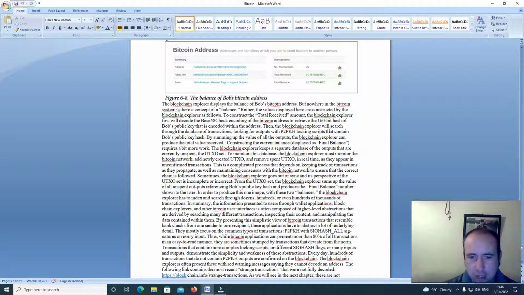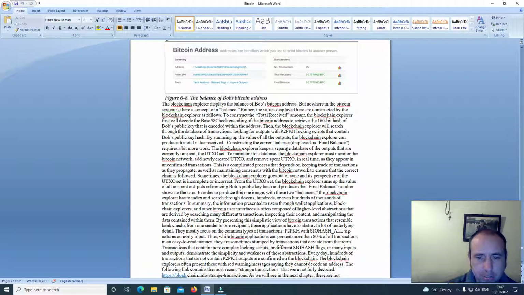Then the Blockchain Explorer will search through the database of transactions, looking for outputs with P2PKH locking scripts that contain Bob's public key hash. By summing up the value of all the outputs, the Blockchain Explorer can produce the total value received.